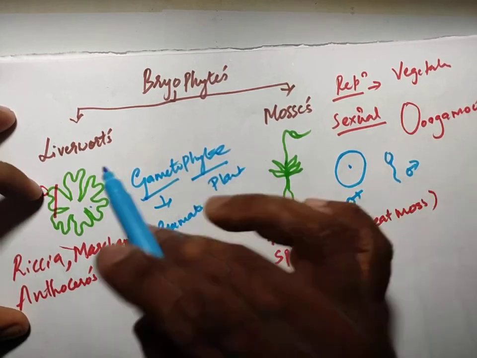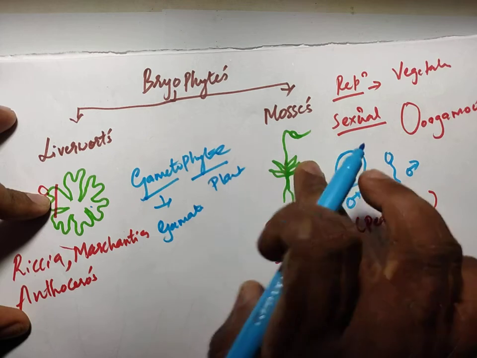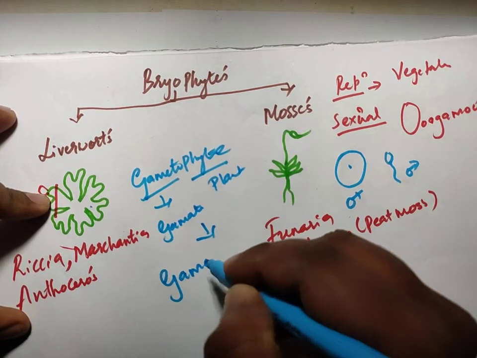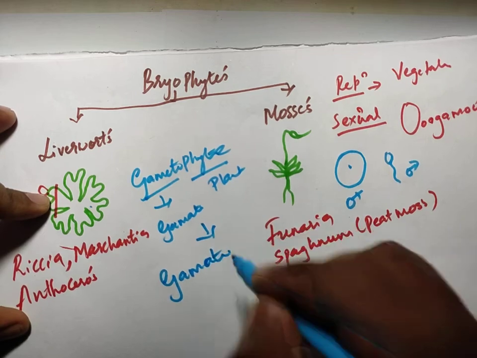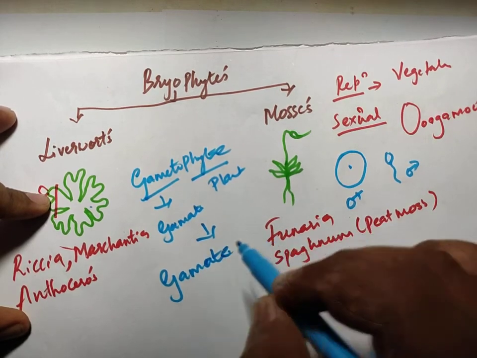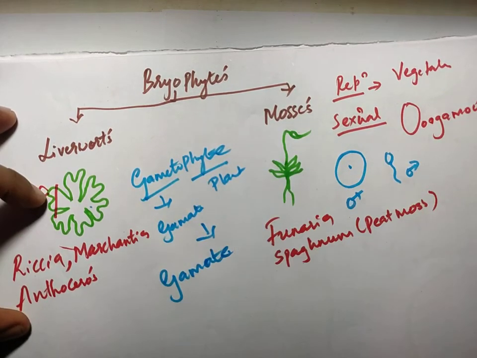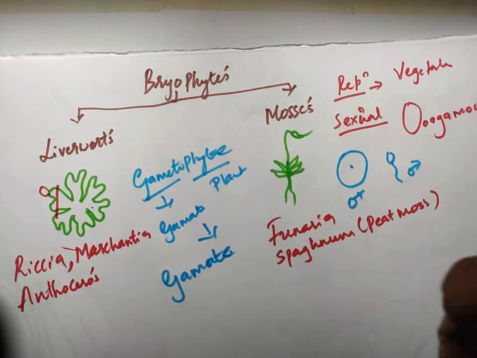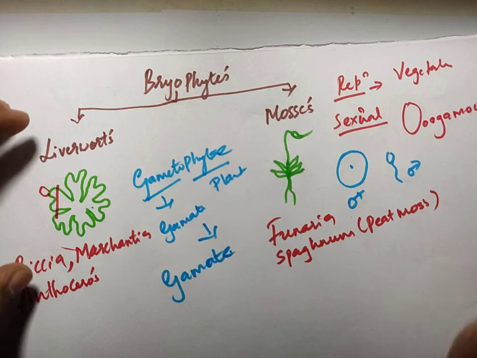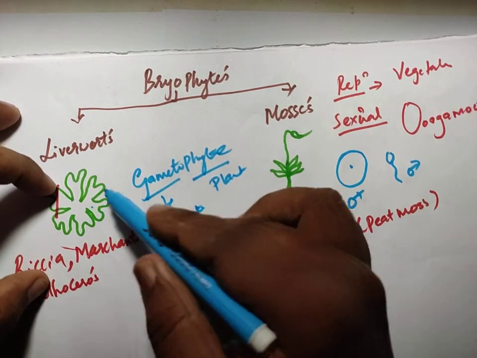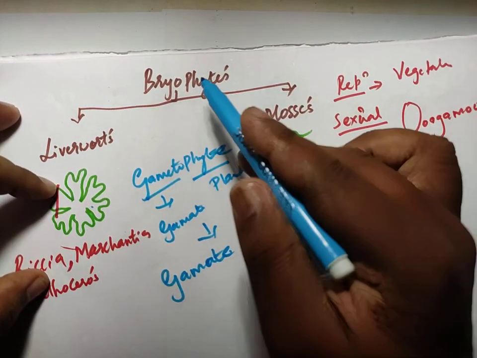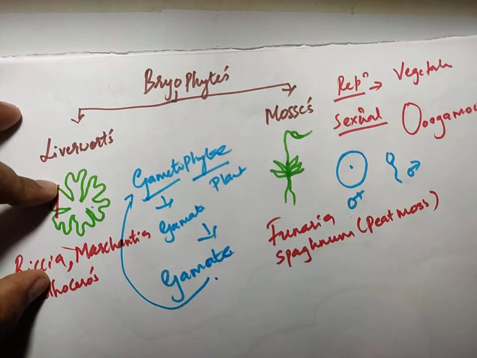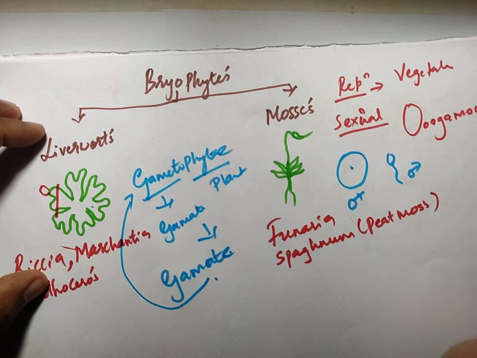So these plants or structures are going to produce gametes. That is why it is called gametophyte. Later on, these gametes will fuse to form the sporophyte and spores. This green, photosynthetic structure in bryophytes produces gametes, so it is called the gametophyte. I hope this is very clear to you all.